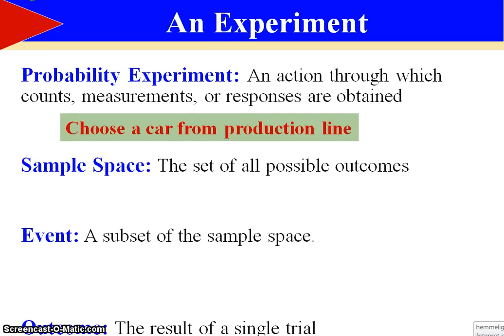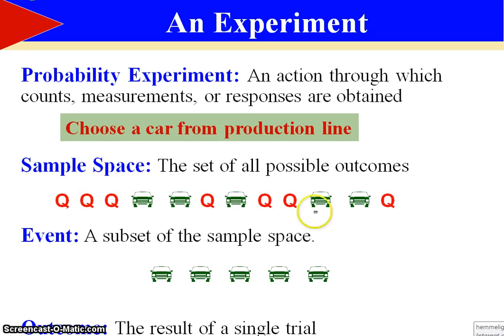Here's an experiment. The probability experiment is an action through which the counts, measurements, or responses are obtained. So for example, choose a car from a production line. That's the experiment. So there's going to be all these cars. Our sample space would be the set of all cars. And the event is a subset of the sample space.